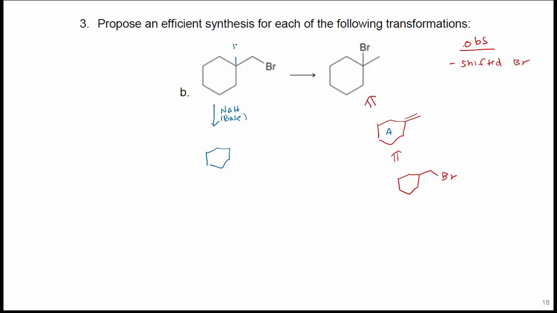That will eliminate this proton, which will form that double bond and kick off the bromine. And then to get to this product here where Br is on the more substituted carbon, I just want to use HBr. So that is a two-step synthesis. We do an elimination and then the bromination. Okay, any questions on that particular synthesis?